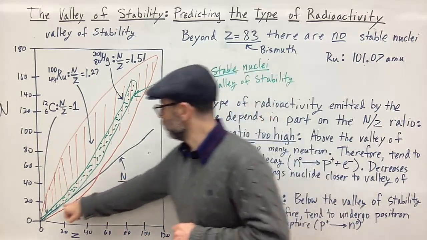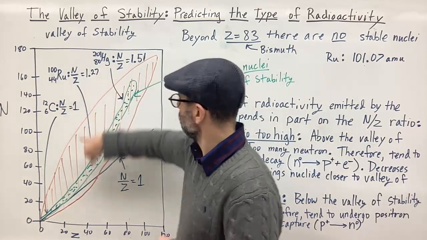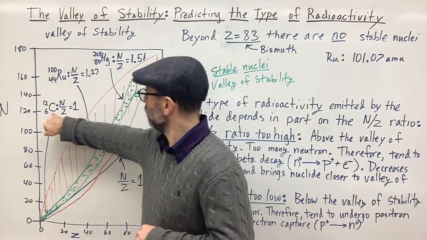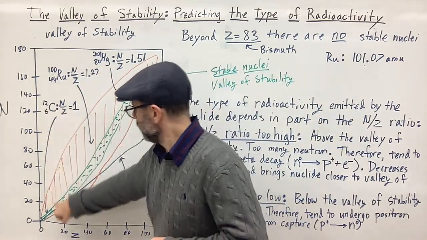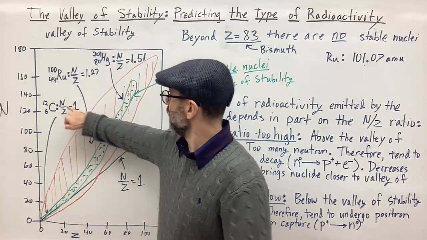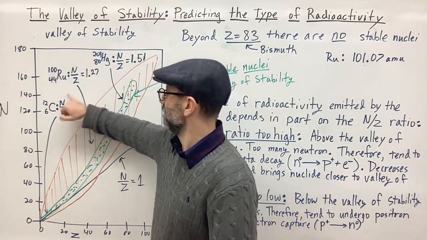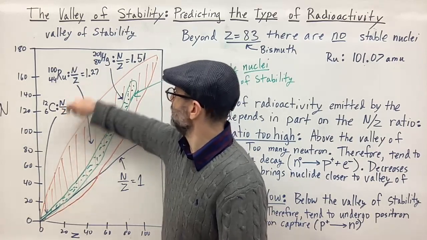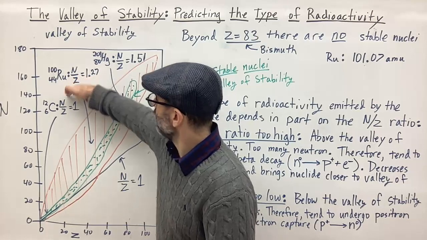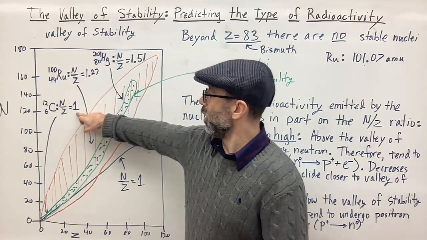So you'll notice a few things. Here I have 3 examples. Carbon 12 is down here in the band of stability. It has a neutron to proton ratio of 1.